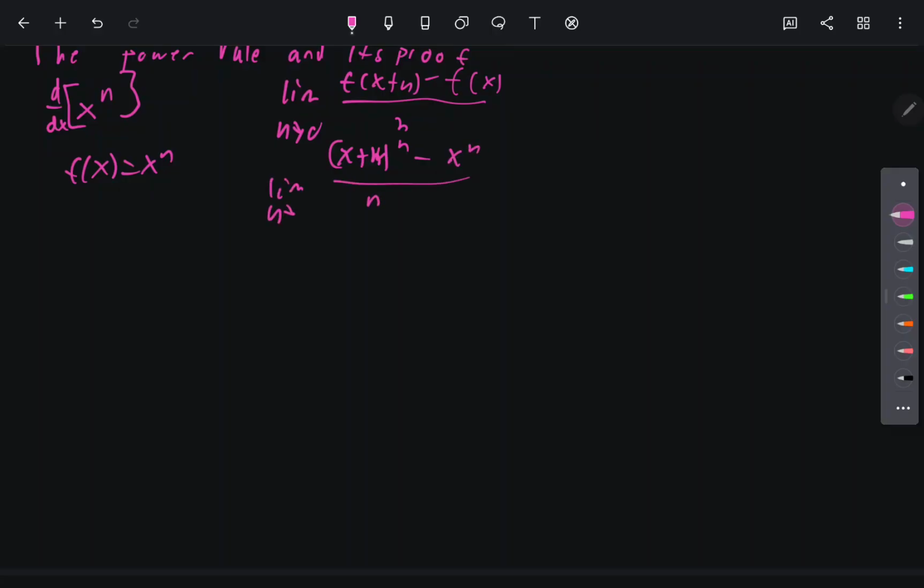Well, what can we do with this? You may recall from your pre-calculus days a wonderful theorem. This theorem's name is the binomial theorem. We are going to use the binomial theorem to expand this out.